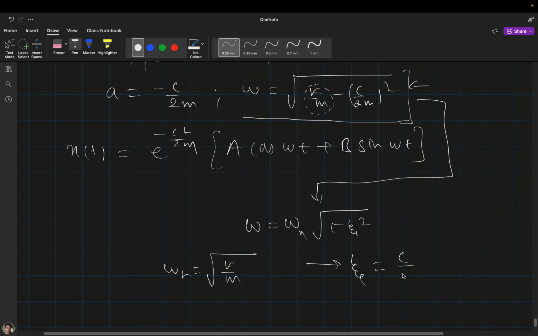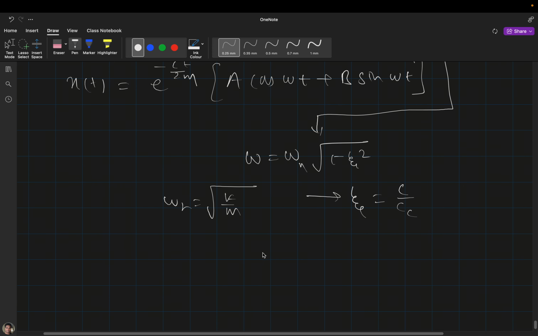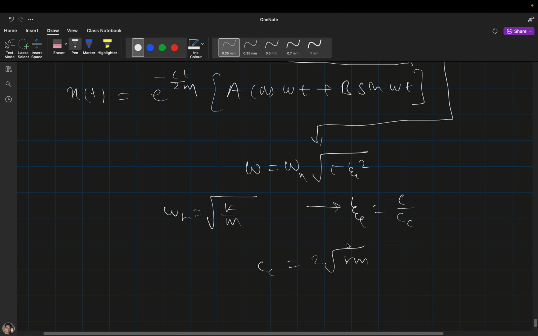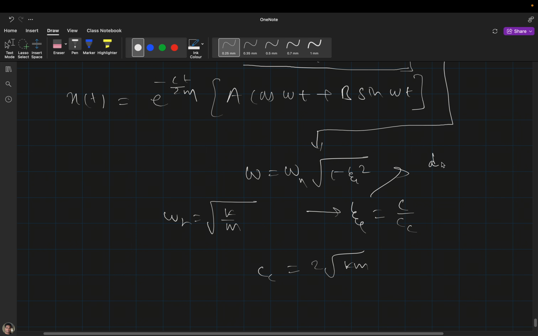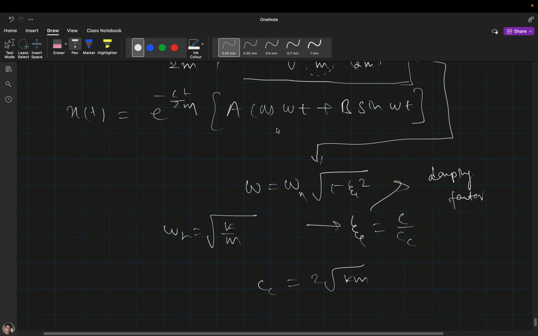That is c by cc. And what is cc? 2 square root of km. This is called the damping factor. Okay, so you can clearly see that this is periodic, but because of this term the whole peak is diminishing.